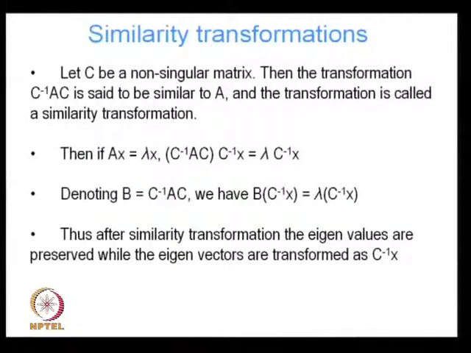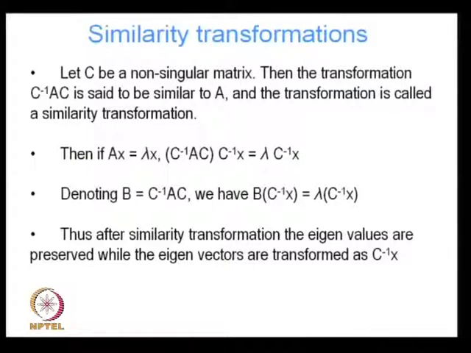C inverse Ax I can rewrite as C inverse AC operating on C inverse x, because C and C inverse on taking the product give me the identity matrix. So, I can rewrite Ax is equal to lambda x as C inverse AC operating on C inverse x, which is equal to lambda operating on C inverse x.